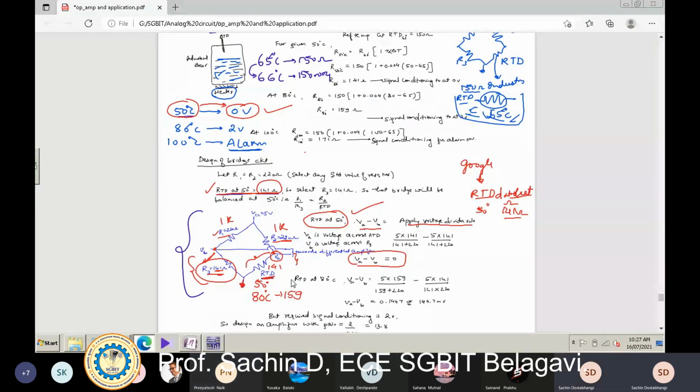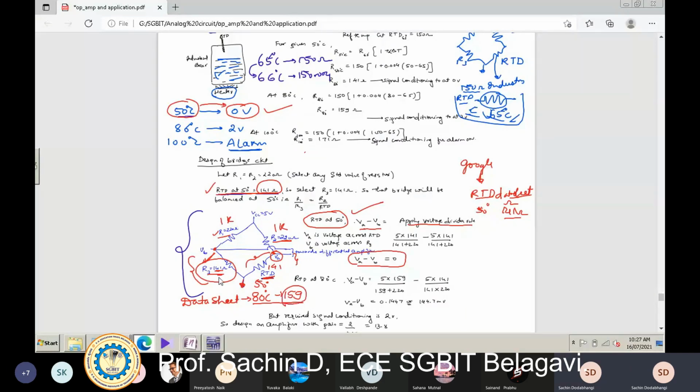Now coming back to this design, for 80 degrees centigrade, again refer to the datasheet. Go through Google and download the RTD datasheet. In the datasheet, you can find that for 80 degrees centigrade, the resistance is 159 ohm.